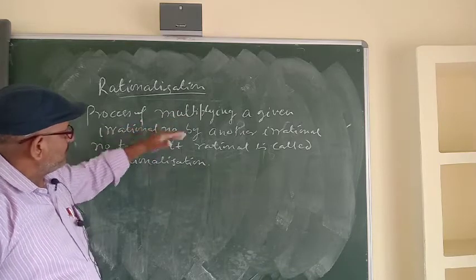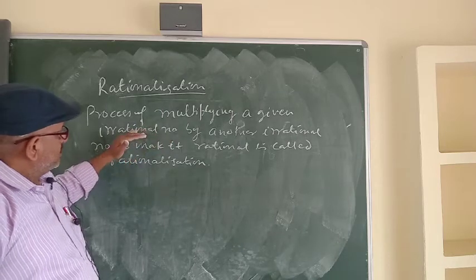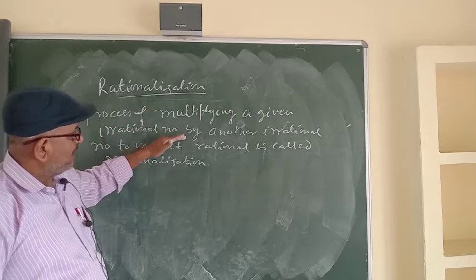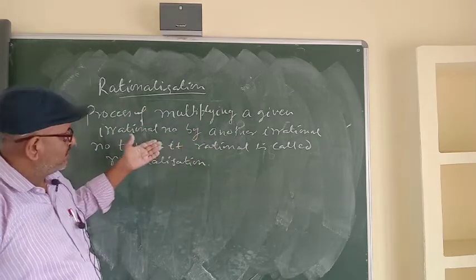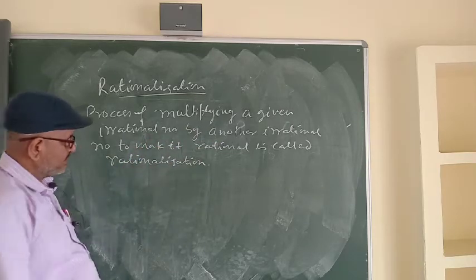So, one irrational number is given. To make it rational, we multiply it by another irrational number. This process is called rationalization.